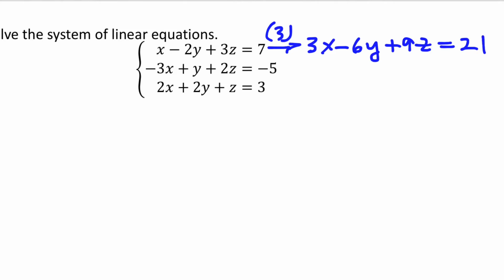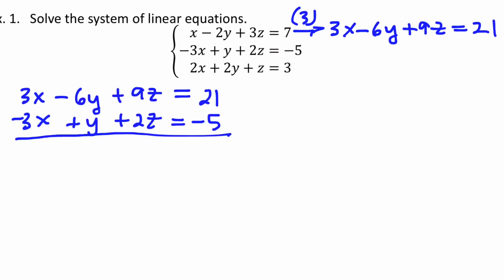Now I'm going to take these 2 equations, this one and this one, and write them down like that. And I'm going to add them together so that the x terms cancel out. So those cancel out, and I'm left with negative 5y plus 11z equals 16.